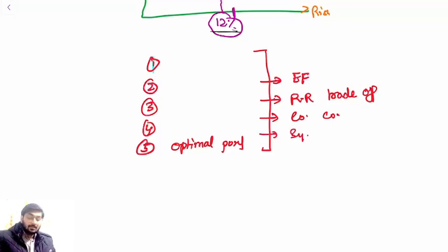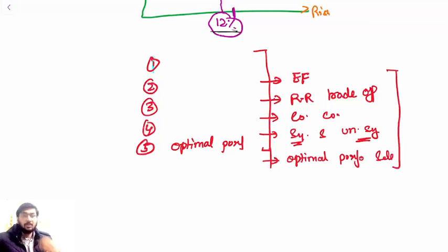Systematic and unsystematic risk: systematic risk which is coming from the market, unsystematic risk which is individual stock specific. And the last one is optimal portfolio selection. All these came into existence after we introduced modern portfolio theory.